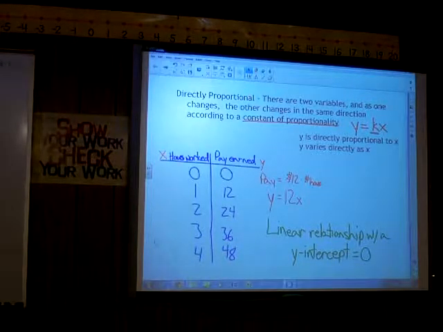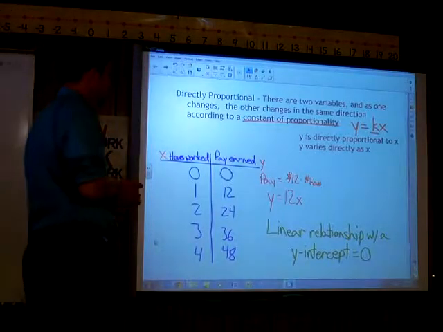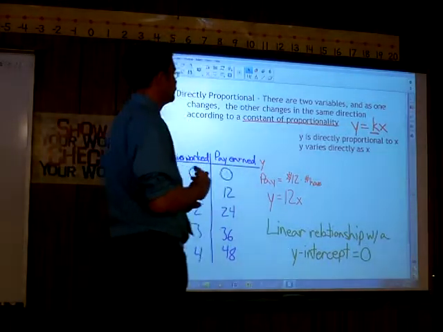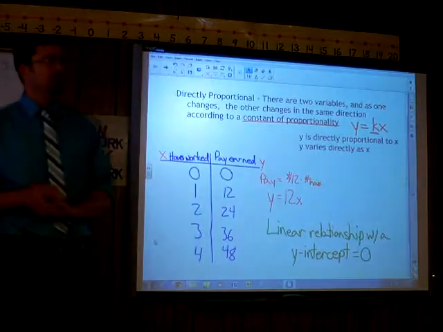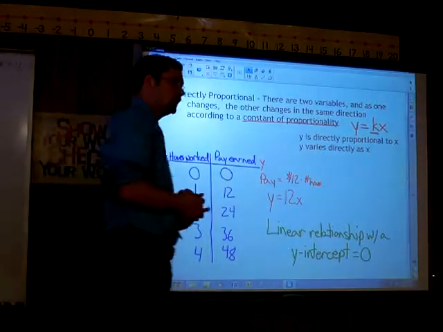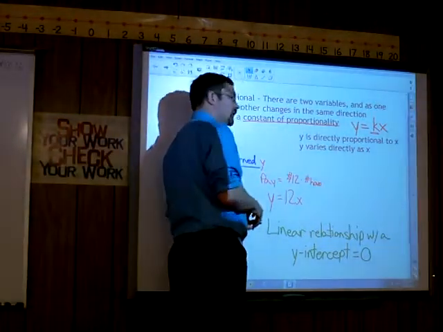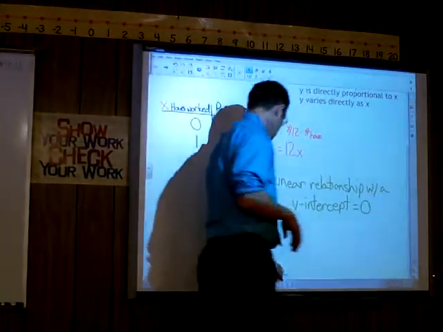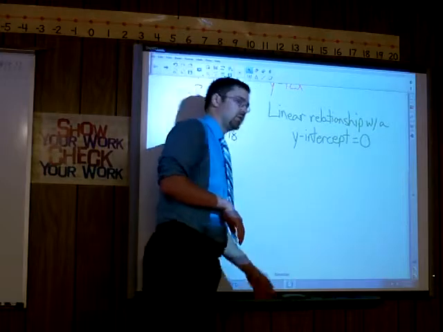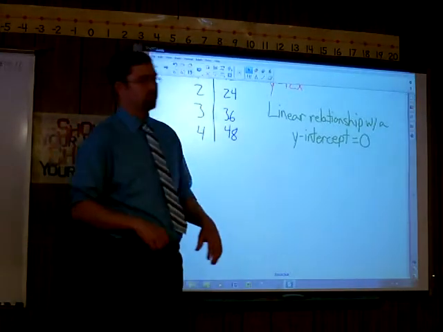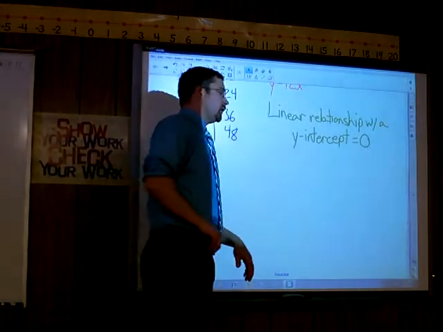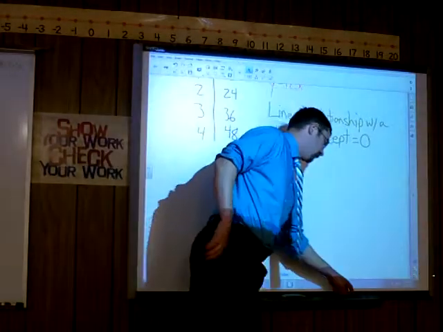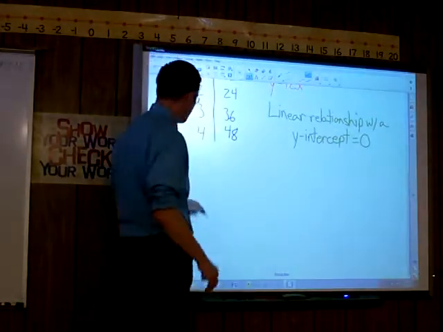Now, how do we tell if something is directly proportional? I know that technically x can be 0, but if you look, I'm going to copy this back down here.